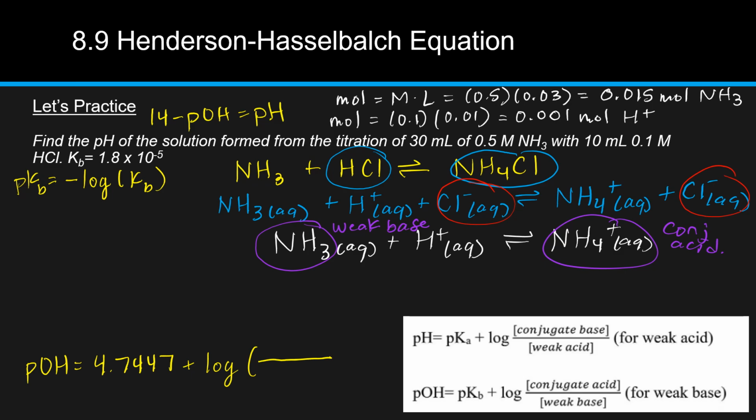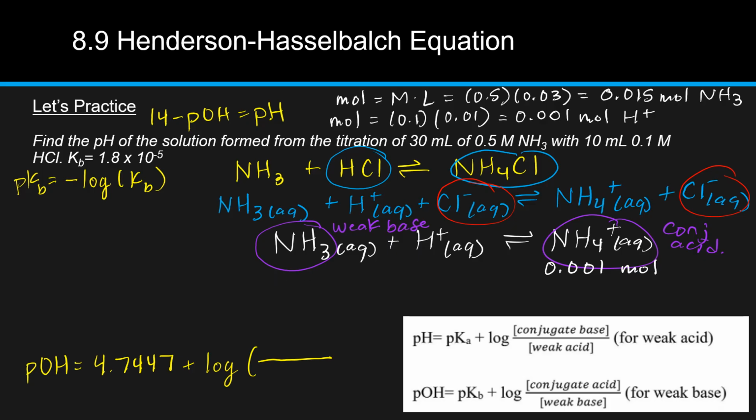Now again, H+ is our limiting reactant here, which means we're going to run out of H plus when we use 0.001 moles. So that means we're only going to be using 0.001 moles of NH3, and that's going to produce 0.001 moles of our conjugate acid.